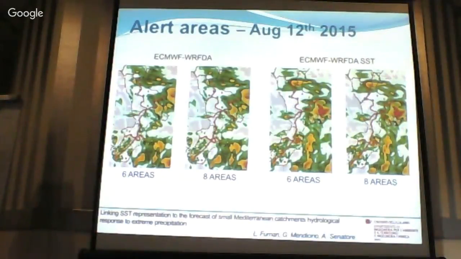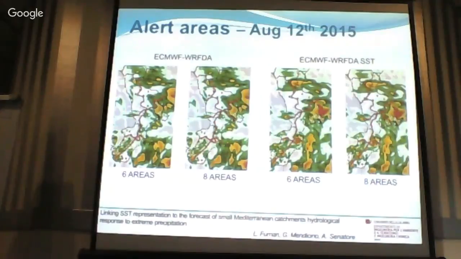If we consider the event of August 12, and we consider, for example, ECMWF with data assimilation, we had a great advantage that with 6 areas, we would have alerted all this area. With 8 areas, maybe we would have alerted only this one, but not too much this one. We have some rainfall, but not too much.